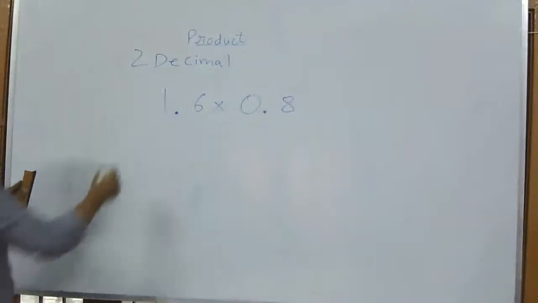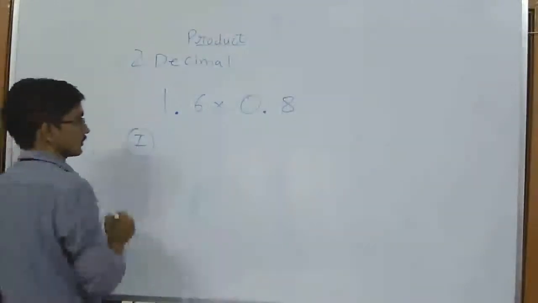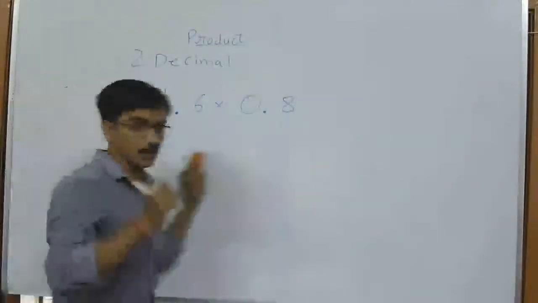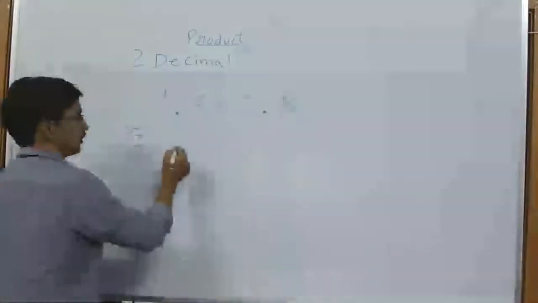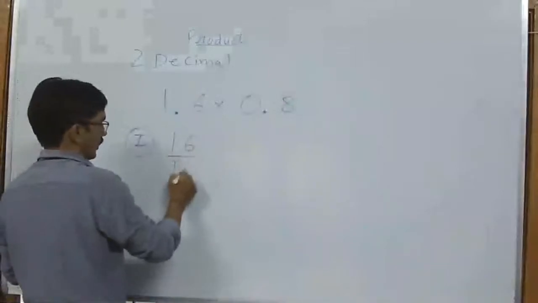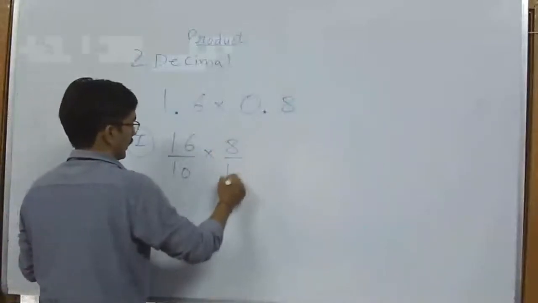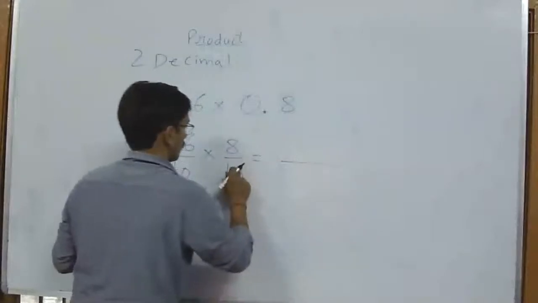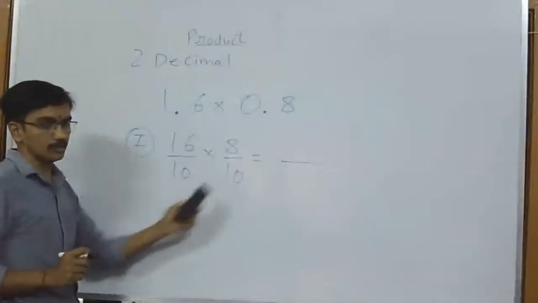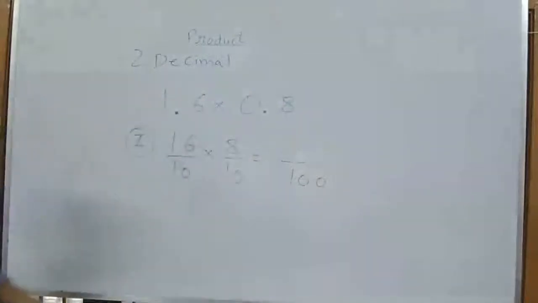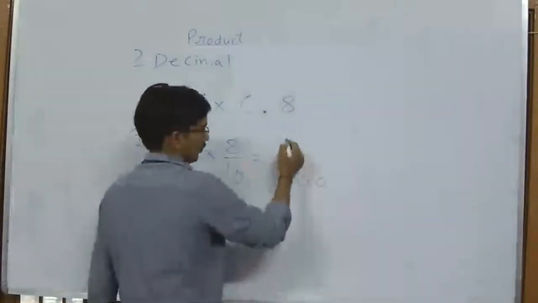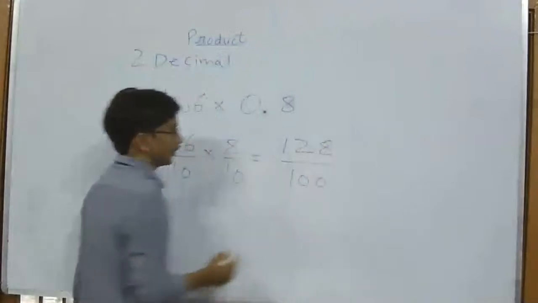How should I multiply? सबसे पहले तो हमारा डेसिमल्स का फ्रेंड कौन है, ठीक है, तो आप इसको फ्रैक्शन में भी कर सकते हैं. कैसे करेंगे? 16 by 10 multiplied by 8 by 10. 10 multiplied by 10 is 100, 16 times 8 is 128.